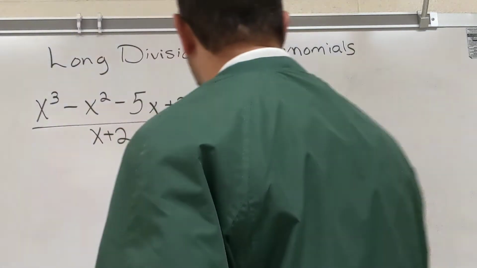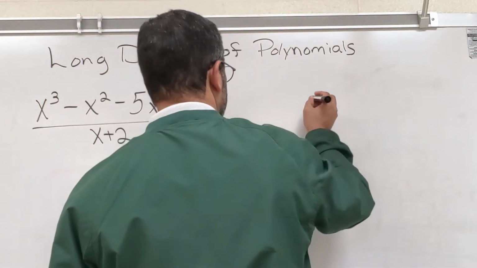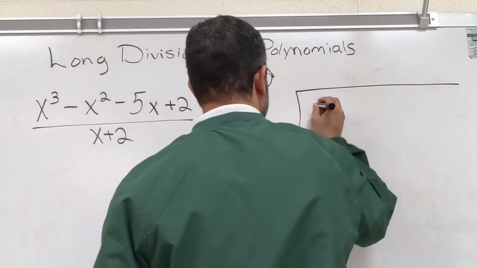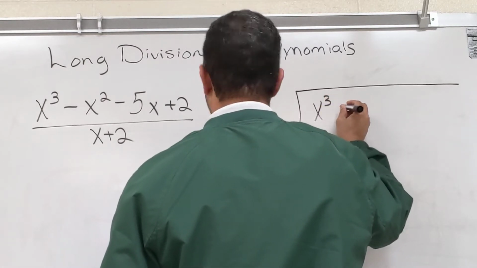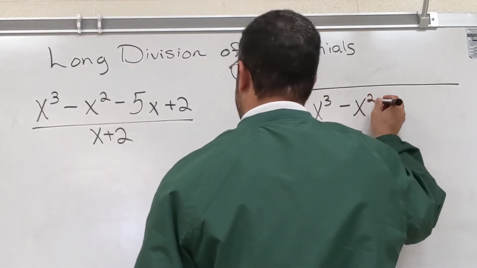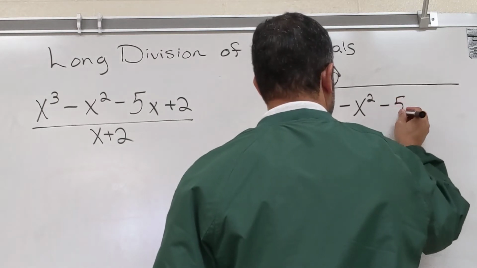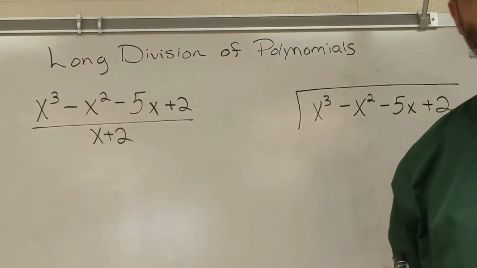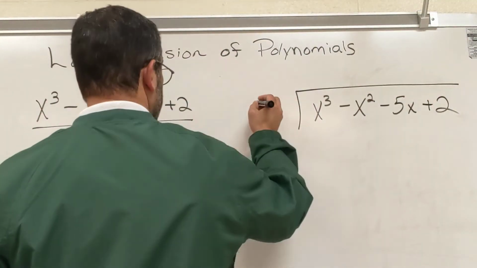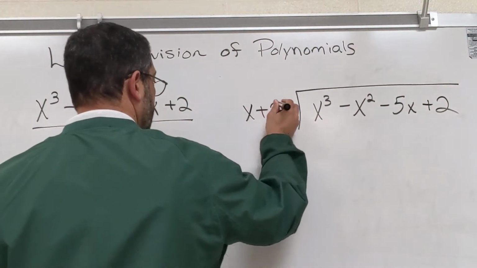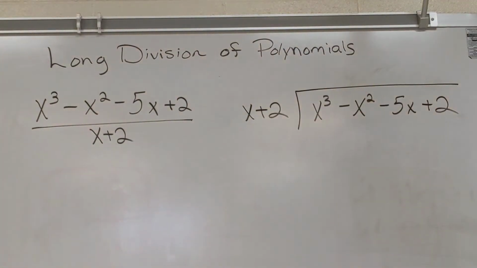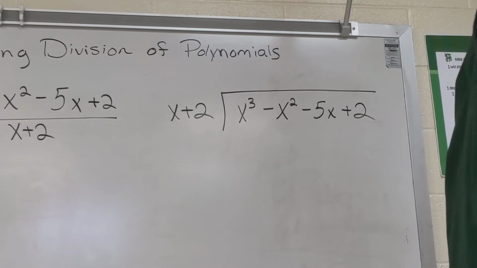All right? So over here, we're going to do the same thing we've done before. We're going to put our x to the third minus x squared minus 5x plus 2. And then on the outside, we're going to have x plus 2. Now, this isn't any different than what we were doing before. We're going to ask ourselves the same question.